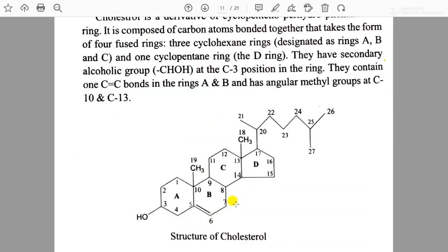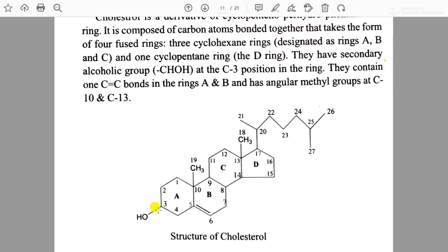Let us see an example of a sterol. This is a sterol and it is cholesterol. So this is found in our body. As you can see, there is only one double bond, at this position. All the other double bonds disappear. So that is how hydrogen substitution is done. All the double bonds disappear in this phenanthrene ring structure as a result of hydrogenation.